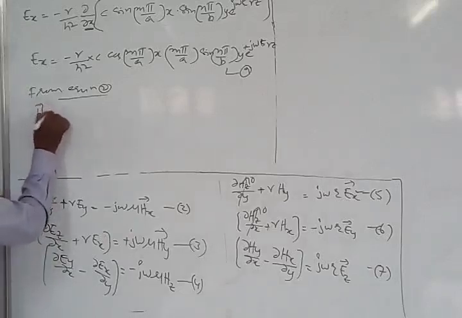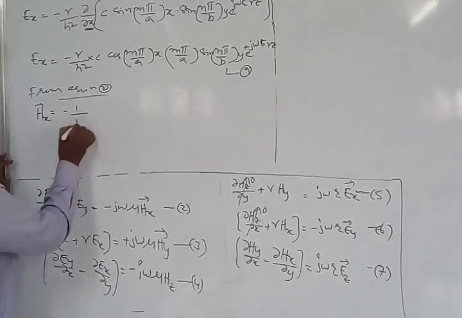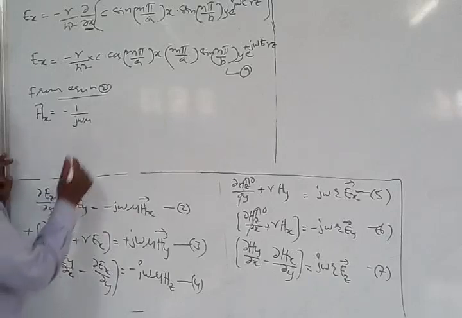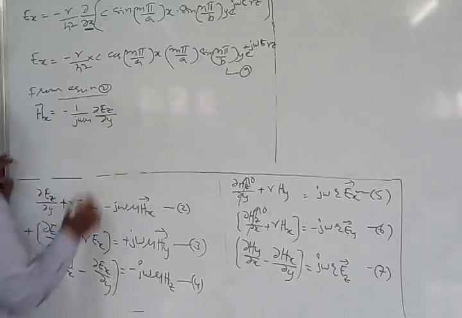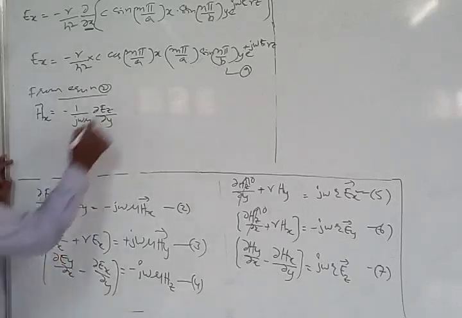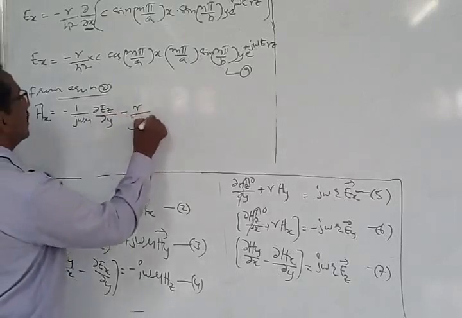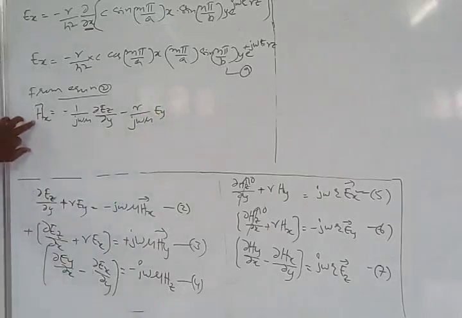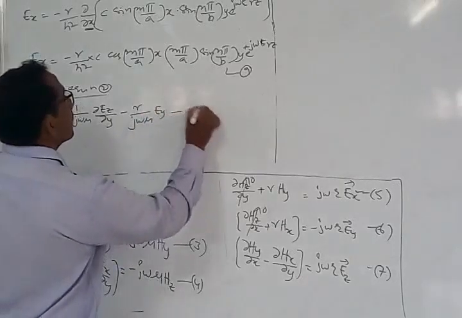So Hx is equal to minus 1 by j omega mu dou Ez by dou y, then here also I have minus gamma by j omega mu into Ey. So this is the Hx that I will be having here. So this equation I can call 2a.